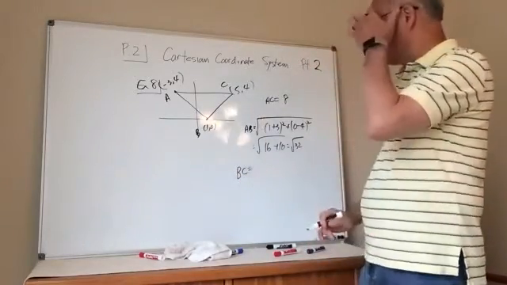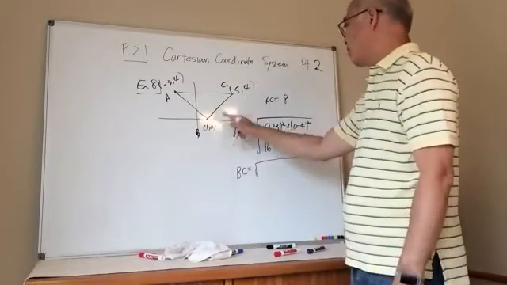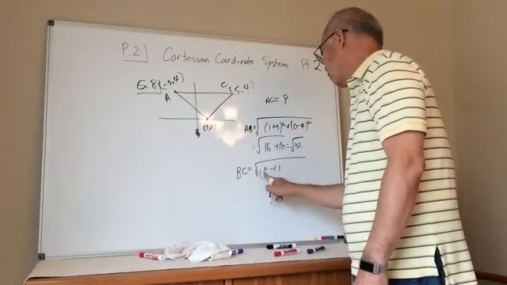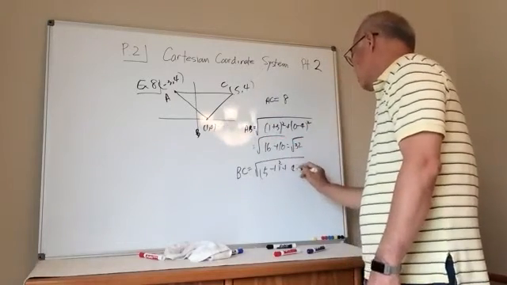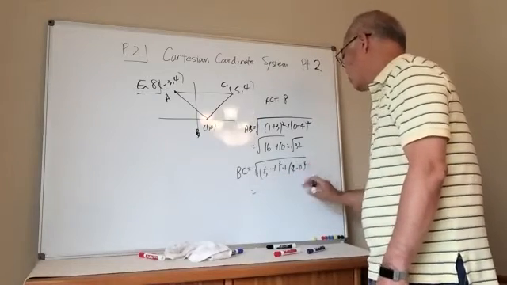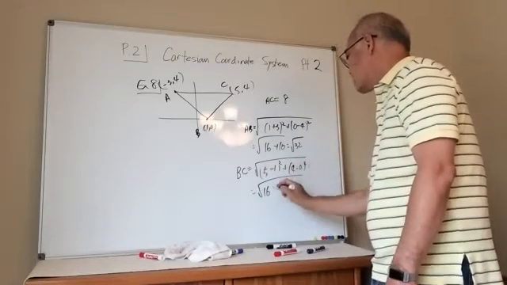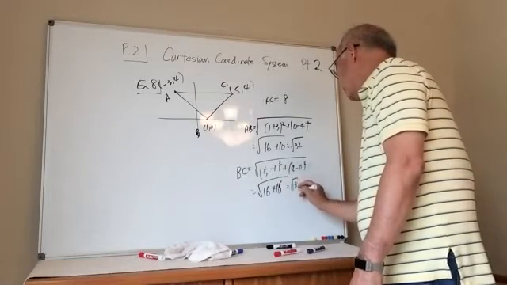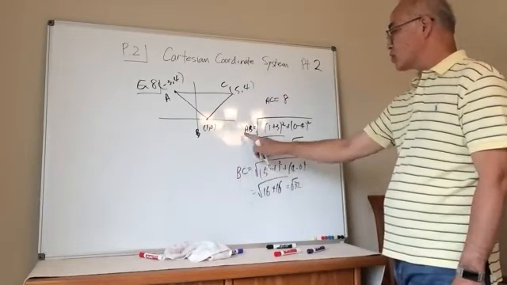BC is from here to here, so I'm going to go square root of 5 minus 1 squared, 4 minus 0 squared. So this is going to be equal to the square root of, again, 16 plus 16, square root of 32.